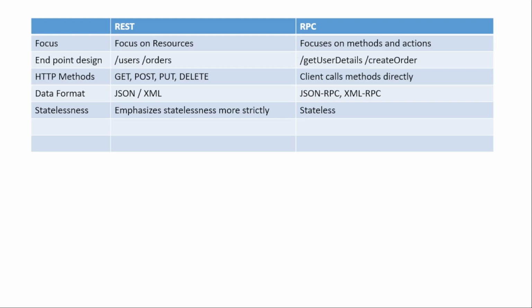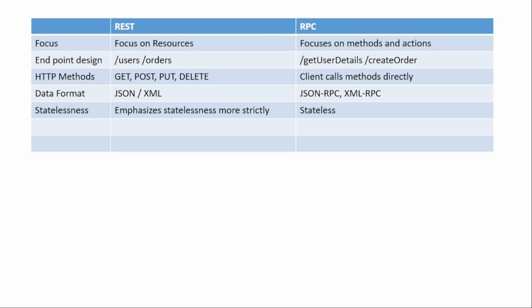In REST, we have standard HTTP methods like GET, POST, PUT, DELETE, and RPC typically uses a single HTTP method, often POST, for all calls, specifying the action within the request body. Data format. REST uses standard formats like JSON or XML. RPC uses specific formats like JSON-RPC, XML-RPC, or protocol buffers. State management. Both can be stateless, but REST emphasizes statelessness more strictly.